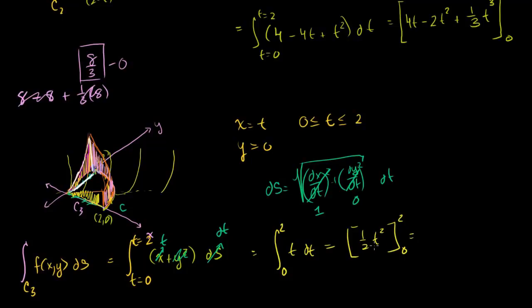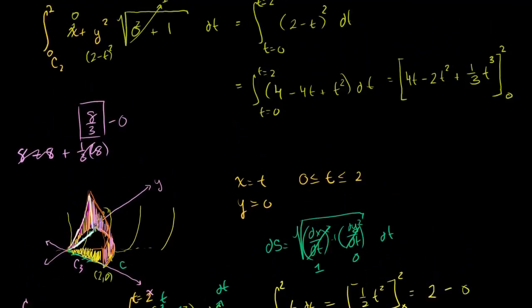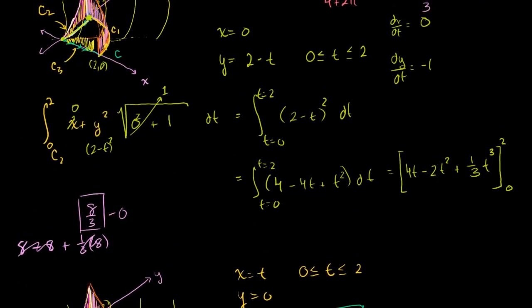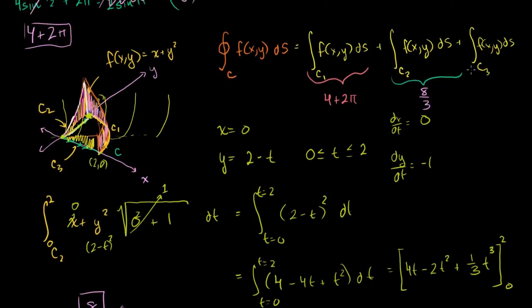That is 1/2 times 2 squared. 2 squared is 4, times 1/2 is 2. And then minus 1/2 times 0 squared, minus 0. So this third wall's area right there is just 2. Pretty straightforward.